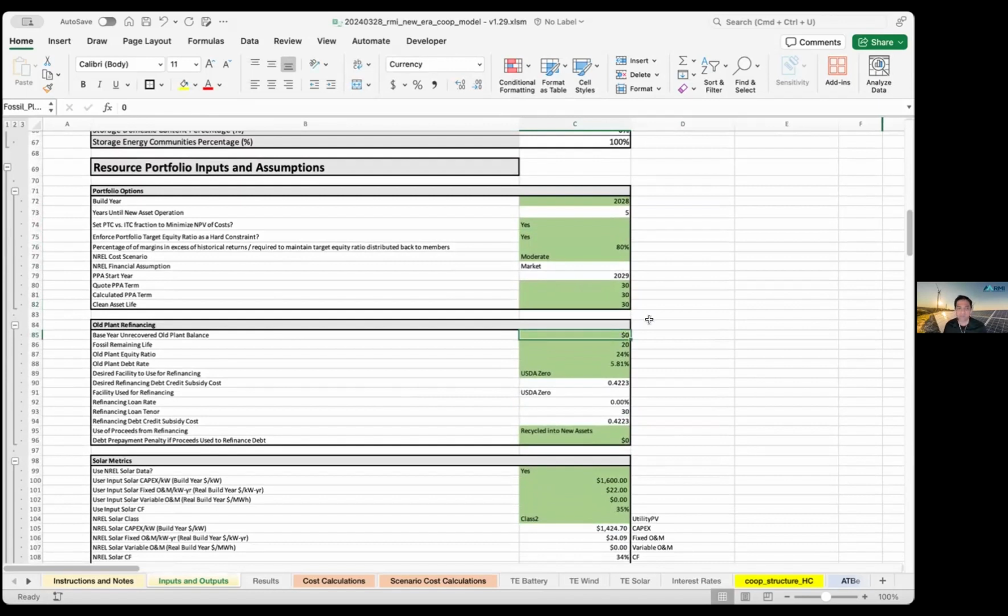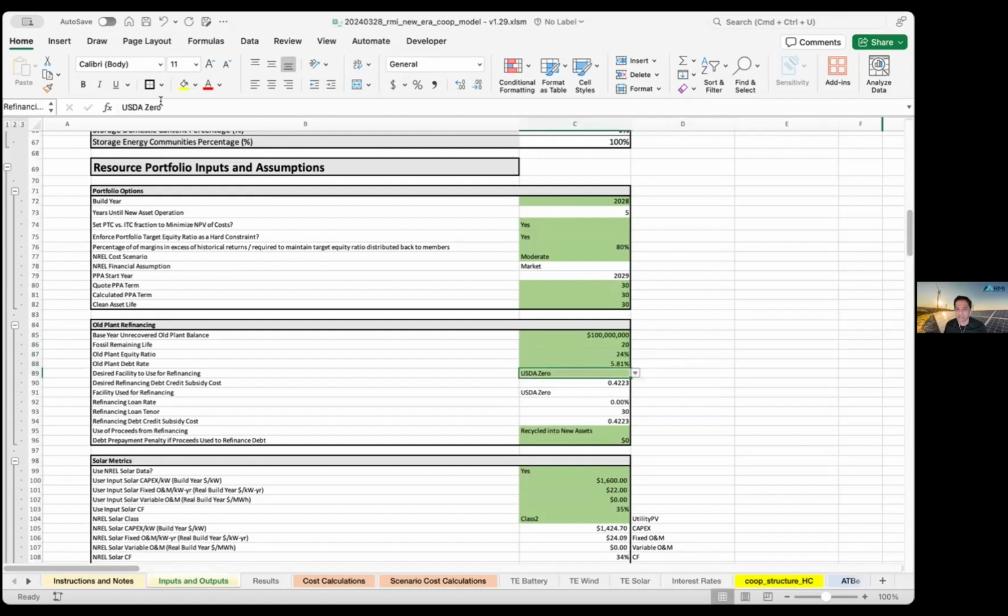I know that I've got a plant that's retiring in that year that I want to add to this story. That plant has about 100 million right now in unrecovered plant balance. It's got 20 years remaining in life right now, and it's been financed on my balance sheet.